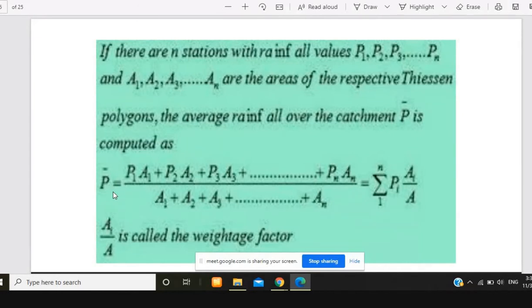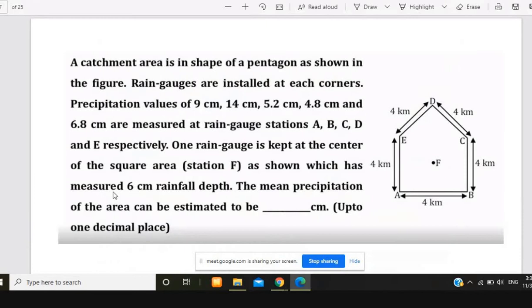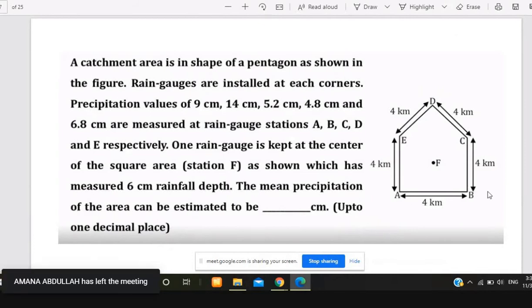Now we will look into a question. A catchment area is in the shape of a pentagon as shown in the figure. You have stations A, B, C, D, E, F. Sorry, 6 stations.